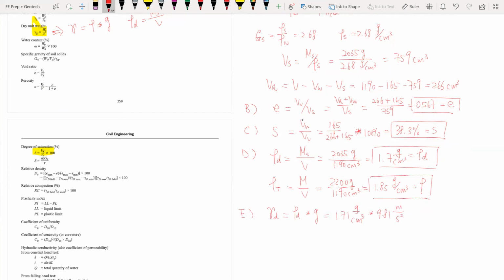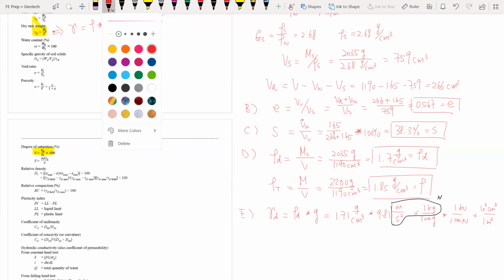If we play around with units here, we consider 1 kilogram is equal to 1,000 grams. So this set of units here gives me the Newton. And then we keep working on our units. We know 1 kilonewton equals 1,000 newtons, and also 1 meter cubed is equal to 10 to the 6th centimeters cubed.